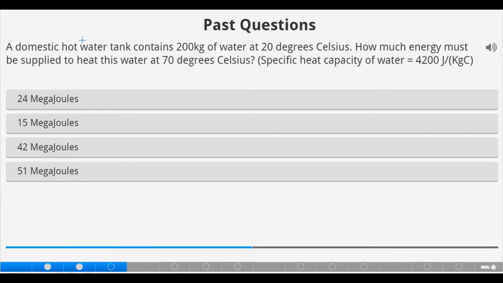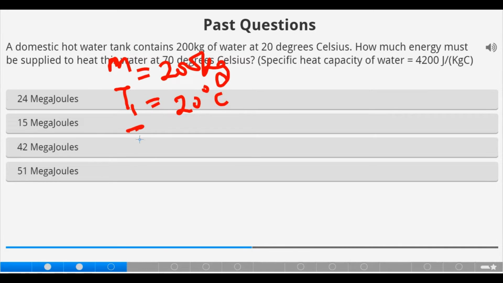Here now we have the mass to be equal to 200 kilograms, and the first temperature, we can call it T initial or T1, is equal to 20 degrees Celsius, and T2, which is the T final, we have 70 degrees Celsius. So we can then calculate our difference in temperature.